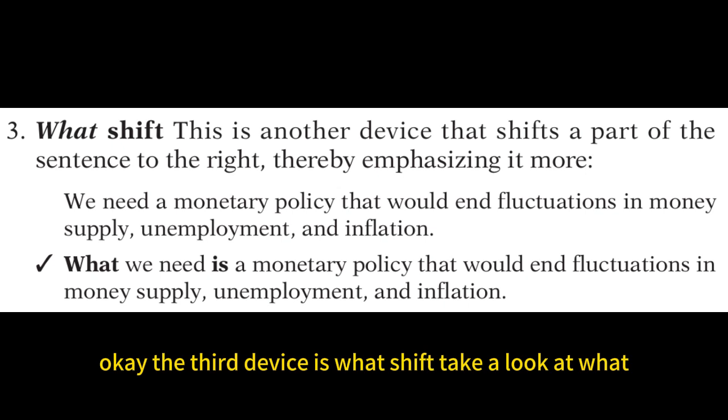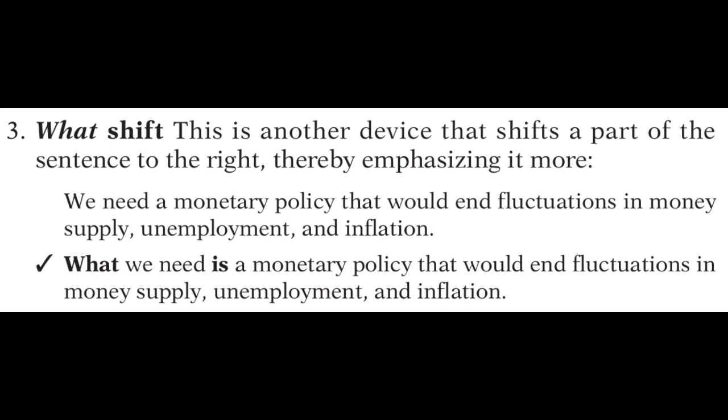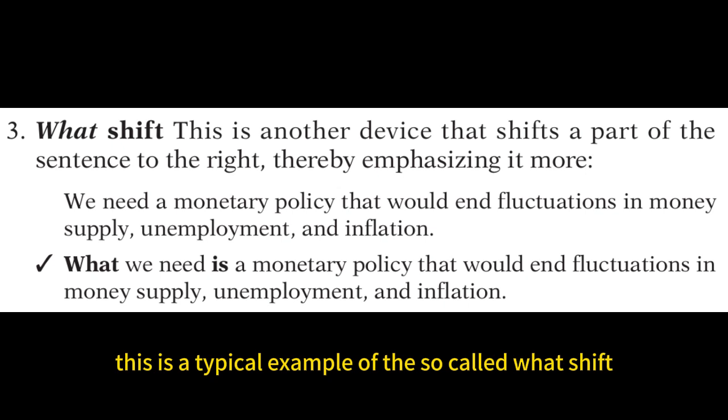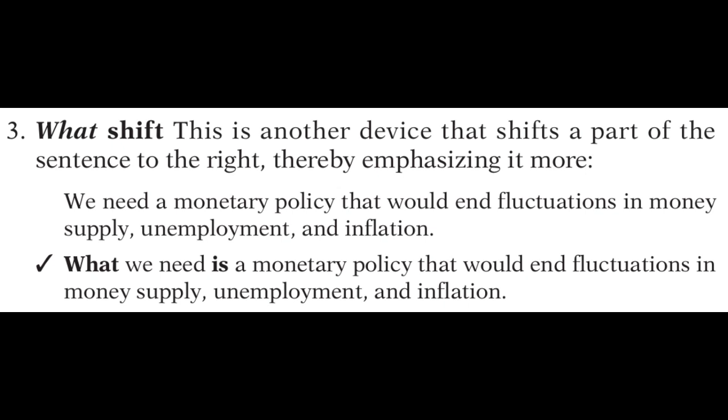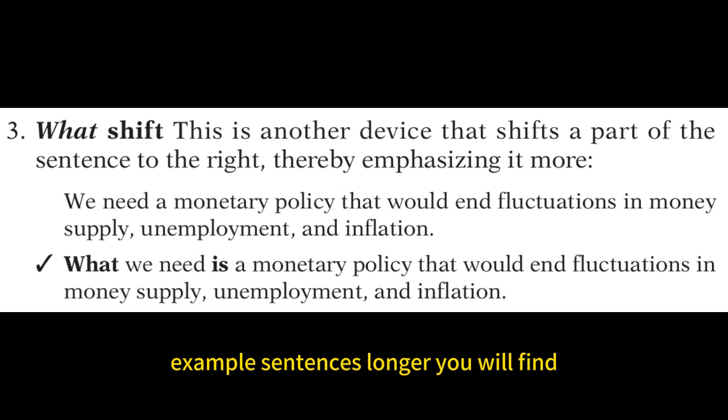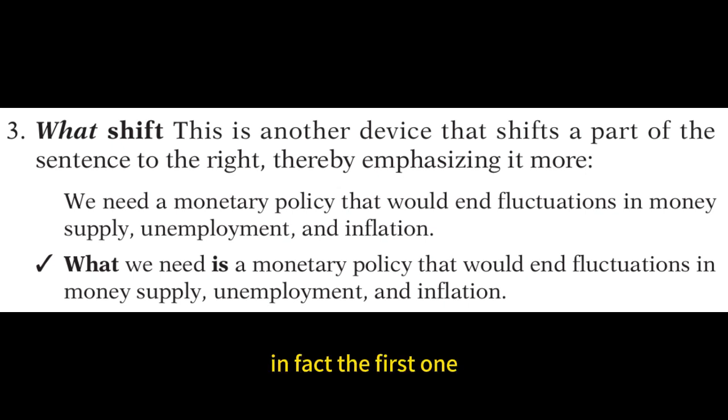Okay, the third device is the what shift. Take a look at what is the what shift. What is needed. This is a typical example of the so-called what shift. If you look at these two example sentences longer, you will find the first one looks a teeny-weeny bit simpler. At least it looks short, right? It only employs two words, we need.